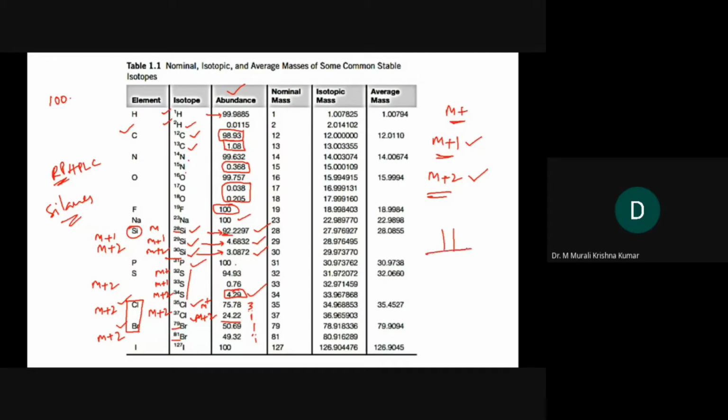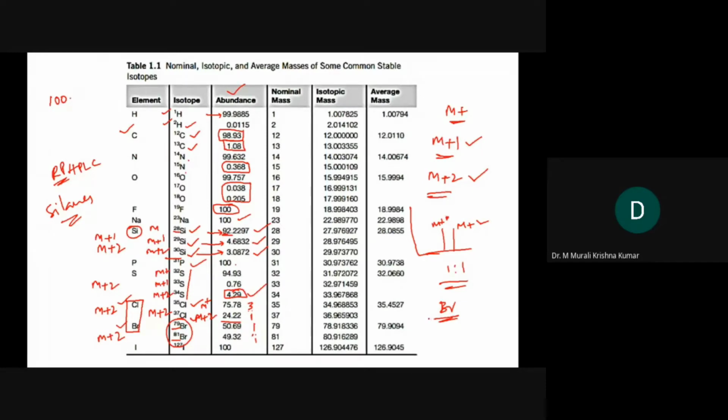We have the M plus ion and M plus 2 ions in the mass spectrum, and both are in 1:1 ratio. What does it tell you? If you see in this table, we have only one possibility, in bromine. In case of bromine, you can have M and M plus 2 in 1:1 ratio. So this indicates that bromine is there in your sample.